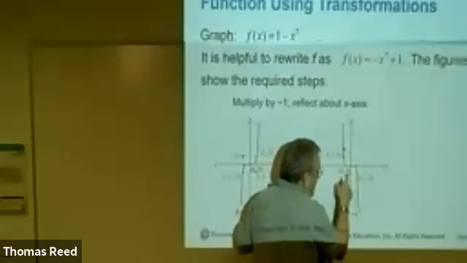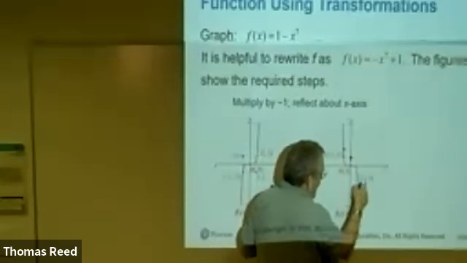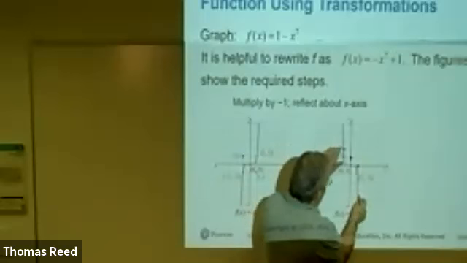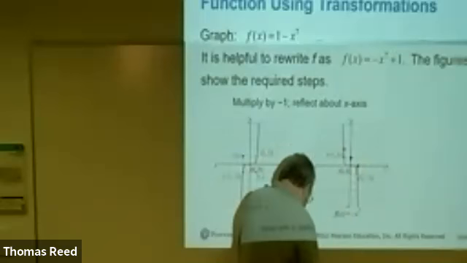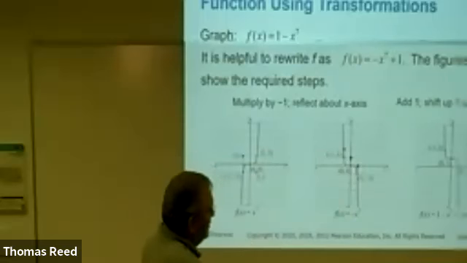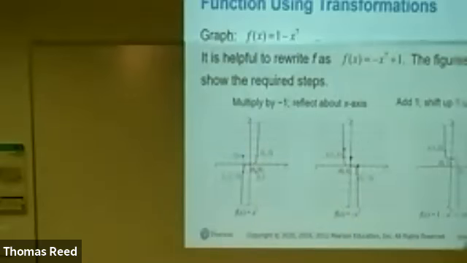I add 1 to this 0, and it brings it up to 1. And I add 1 to this -1, and it comes up to 0. And so now the whole graph got moved up 1 unit. And that's what this graph shows. It's barely in the view.